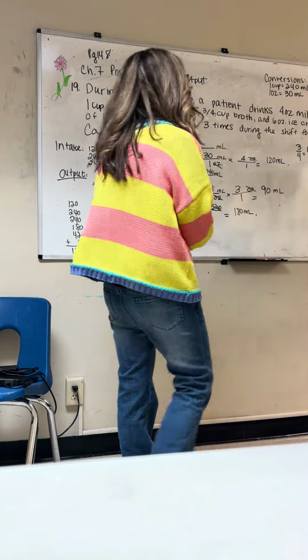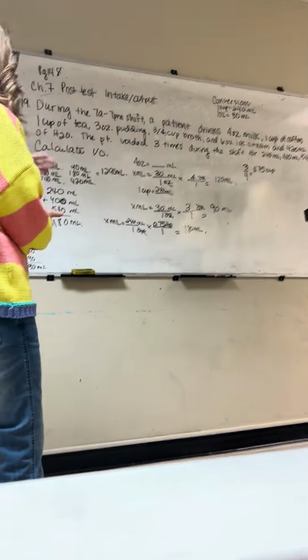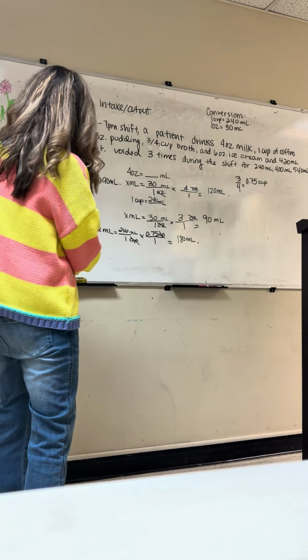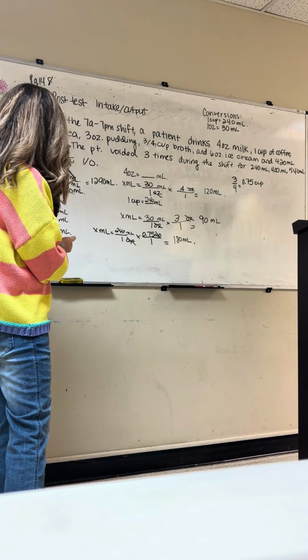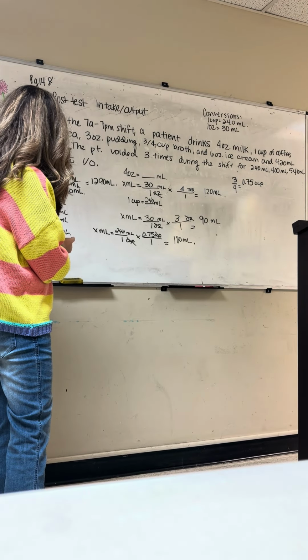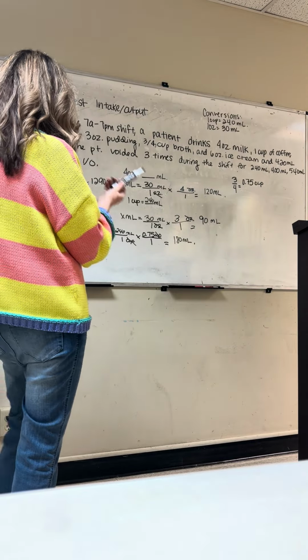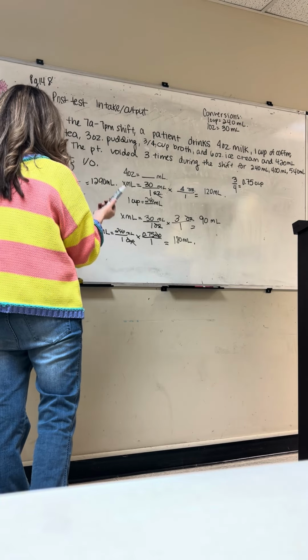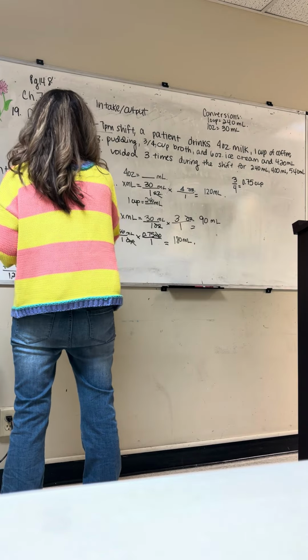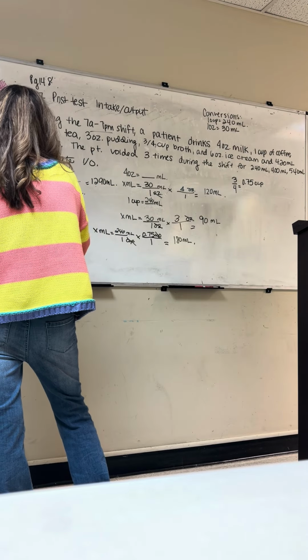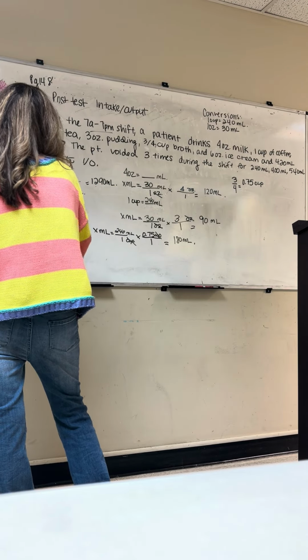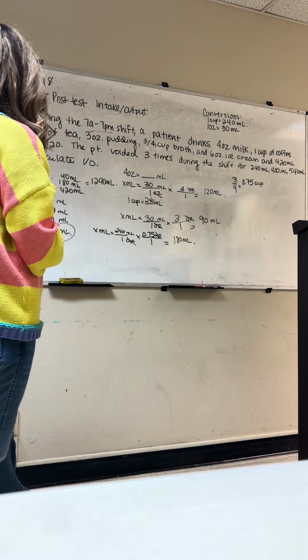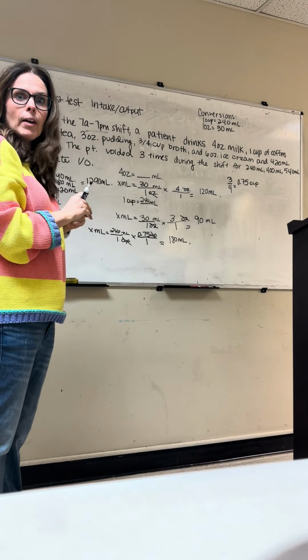So we're gonna add 240, 400, and 540, and that comes to 1180 mLs. So our intake for this patient for 12 hours, 7A to 7P, is 1290 mLs, and our output is 1180 mLs. Okay, I hope this helps.